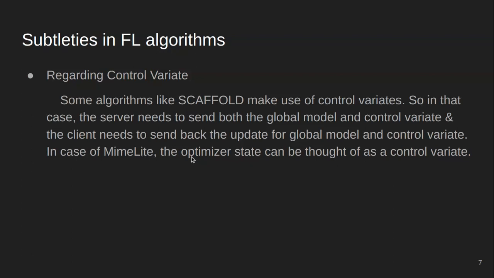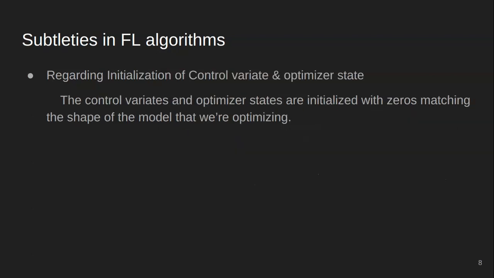The client also needs to send back the update for the global model and the control variate also. In the case of MimeLite, the optimizer state, which can also be thought of as a control variate, needs to be sent to the clients.